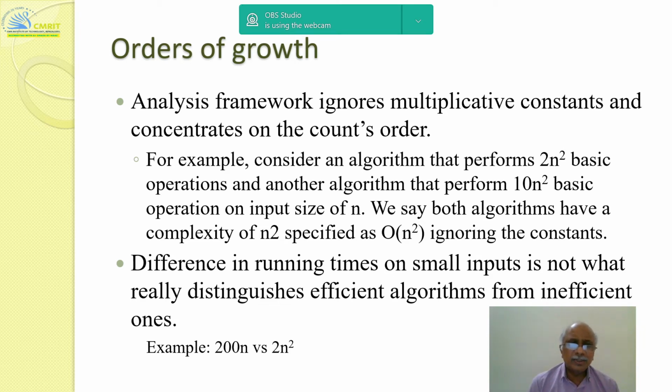For small size input, the first algorithm takes more time. Whereas if you look at a value of n equal to 10 to the power 6, that is 1 million, the first algorithm takes just 200 million, whereas the second algorithm takes 2 trillion operations, which is significantly higher than the first one. So hence for larger inputs, we don't prefer an algorithm which runs in n square time. We prefer a linear time algorithm. Whereas for small inputs, it doesn't really matter.